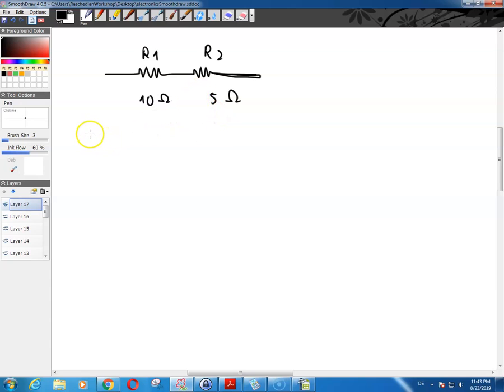Then the total resistance of these two resistors, if I call it R of T, R of total, would be the value of R1 plus the value of R2. So R of T would be equal to 10 plus 5, which is equal to 15 ohm. That is basically why you connect resistors in series.